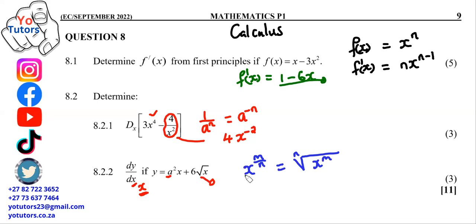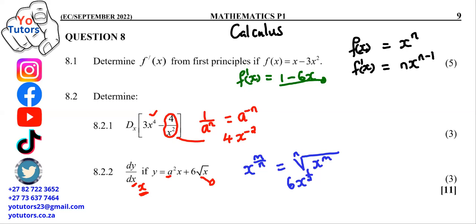So in this case, what we have here is going to be 6x to the power 1 over 2. 6 is not affected. A root on its own shows us that it's actually over 2. So there's a silent 2 here, which we don't put. But once it becomes a cube root, we have to indicate that it's a cube root. In that case, you will have, say, 1 over 3. So in this case now, you'll be able to get to your solution nicely.